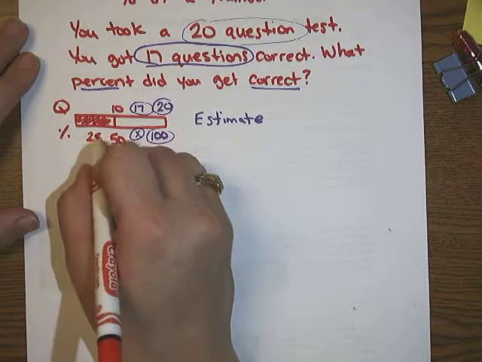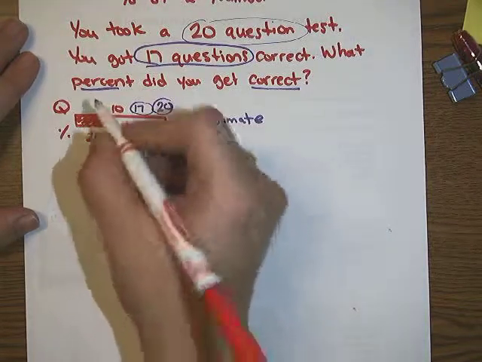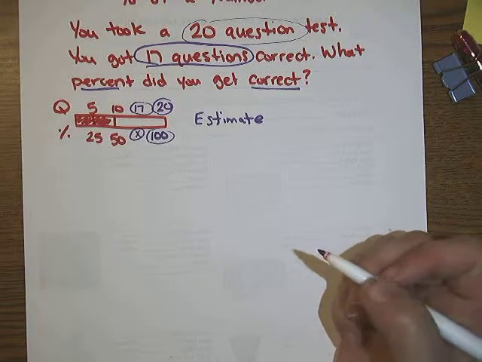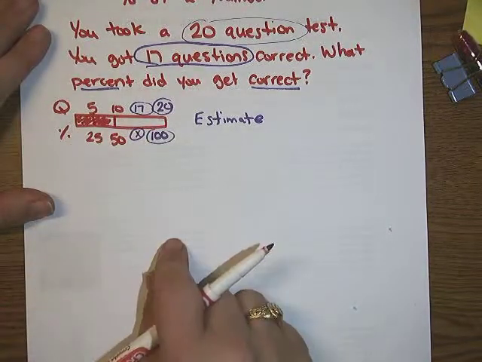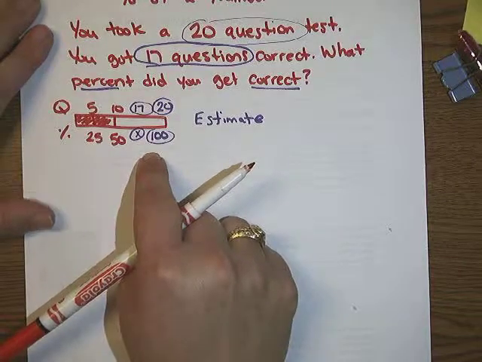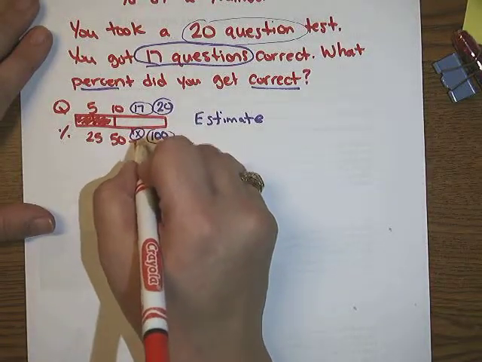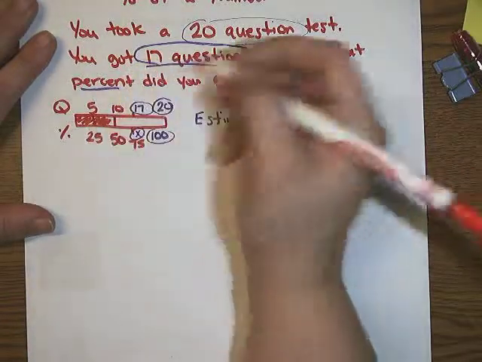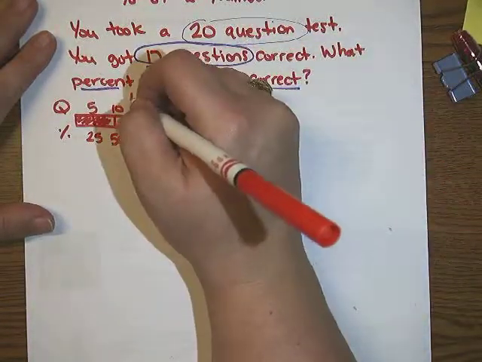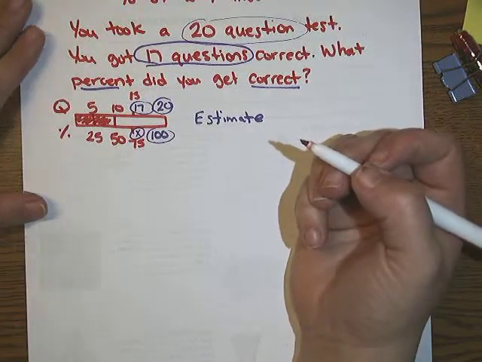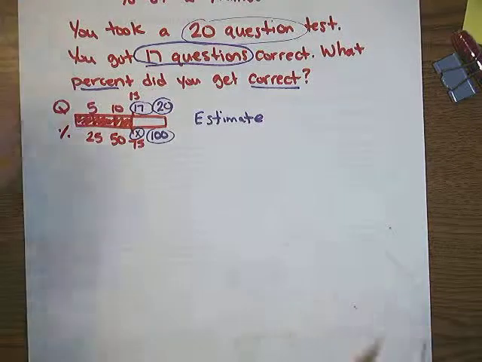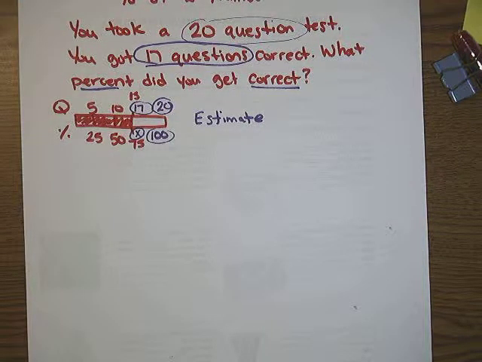Okay, so I can divide 50 in half again and get 25. So then half of 10 would be what? 5. And you're thinking, well, why is she going backwards? If I know this, it's easier to go forwards. 25, 50, what percent would be next? 75%. How many questions do you think 75% would be? 15. Is it at least 15? Yeah, so I'm going to go ahead and shade that in.